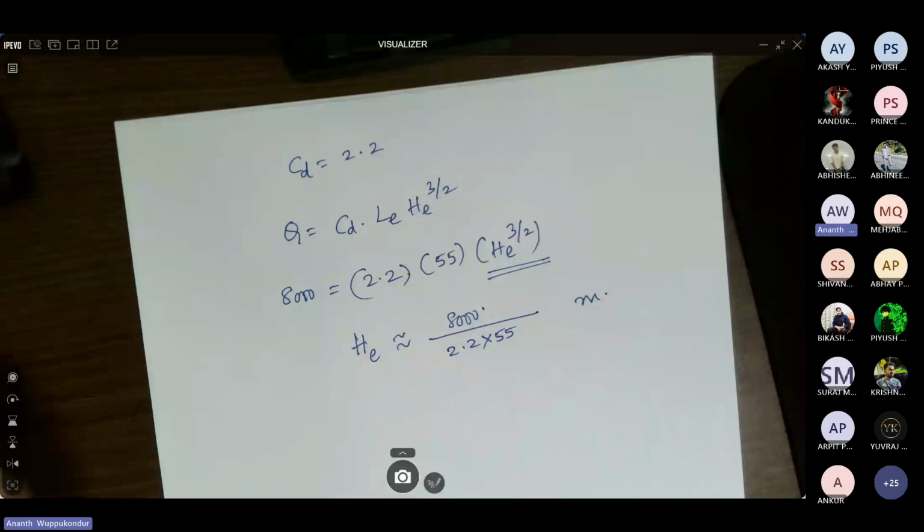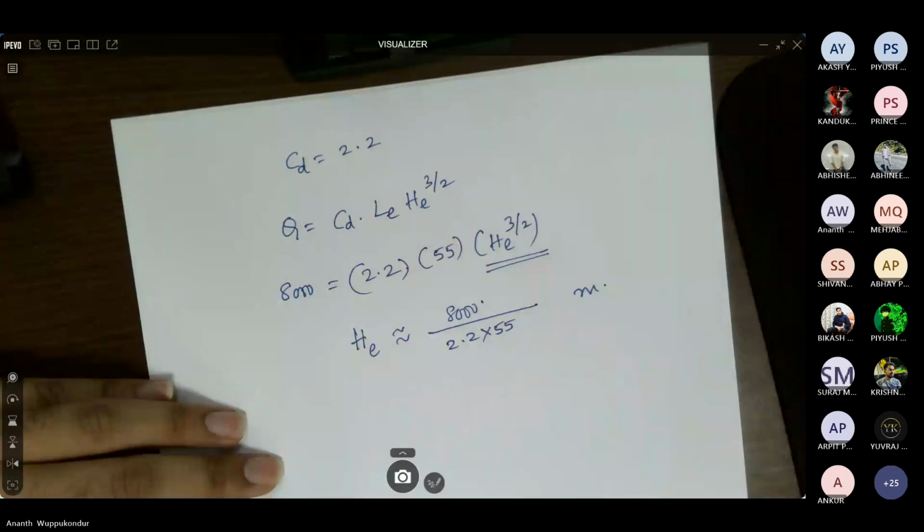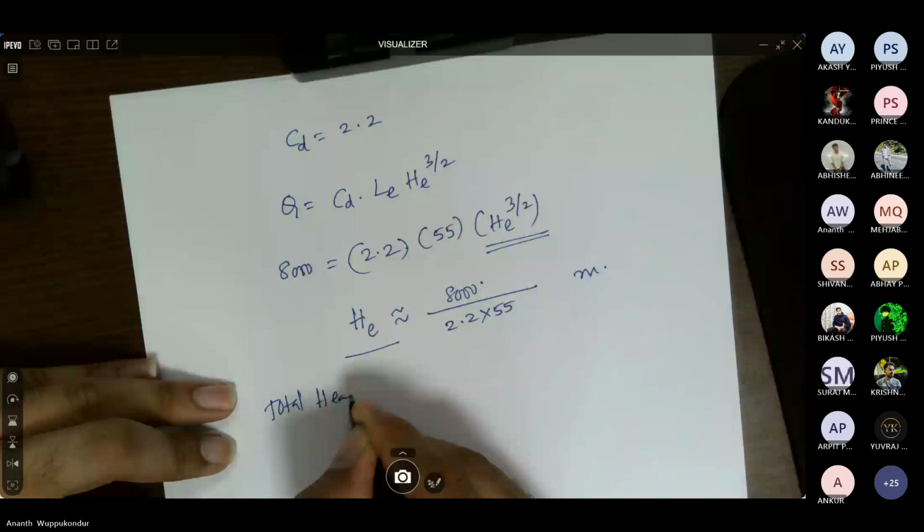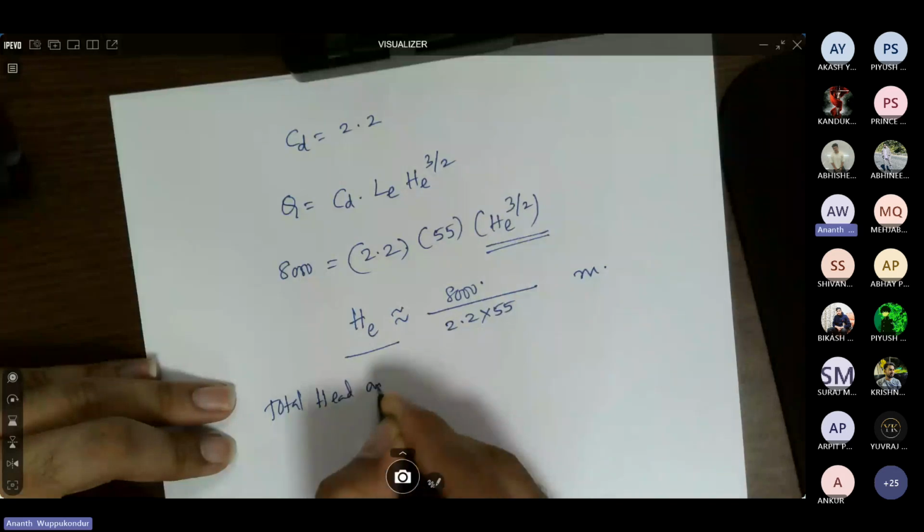So this is the total head, HE. So this is the head above the spillway crest.